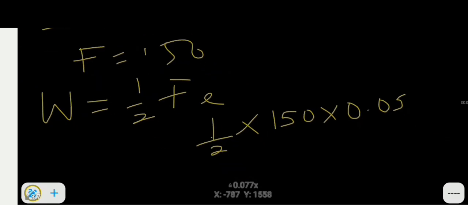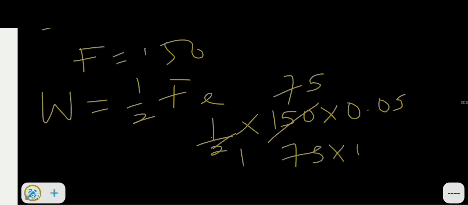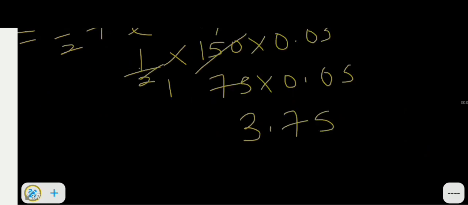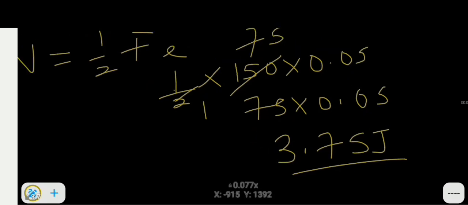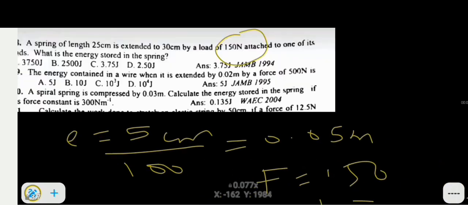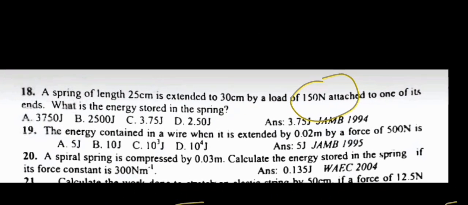Two into 150 is 75, so this will give you 75 times 0.05. If you multiply that, you're going to get 3.75 joules. Let's check it in the options. 3.75 joules is option C. Option C is the answer.